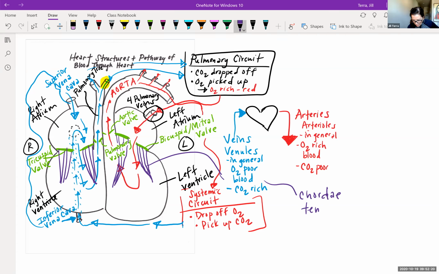Chordae tendineae. These are cord-like tendons that are attached to these papillary muscles that live within the wall of the ventricles. And they do look kind of like these pimple-like protrusions.